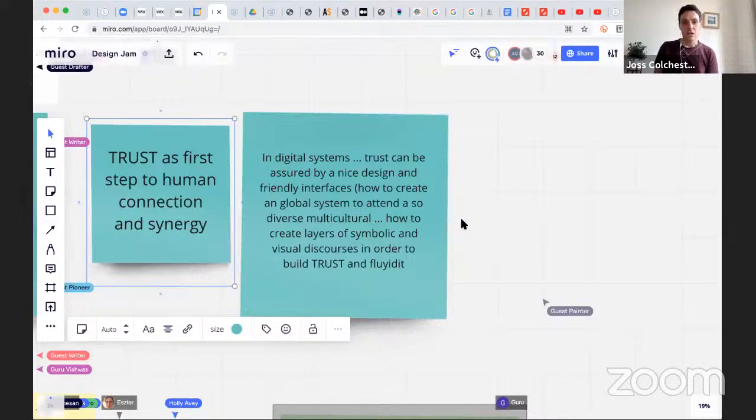How to create a global system to attend such diverse multicultural groups? How to create layers of symbolic and visual discourse in order to build trust and fidelity? Yeah, as you say, it's a cultural choice.